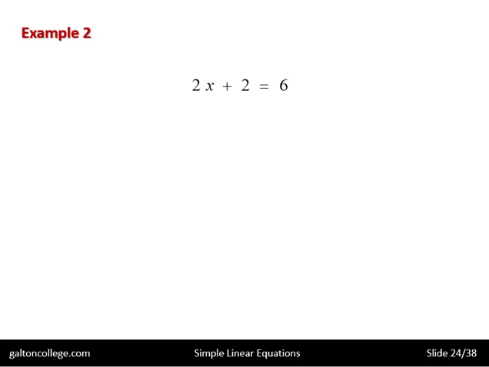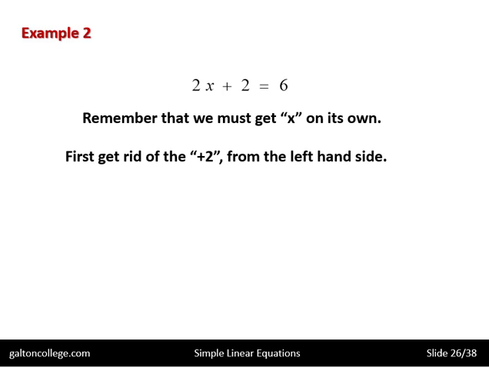Here we have 2x plus 2 equals 6. We need to get x on its own. So first of all, we get rid of this 2 here. So we subtract it, and it's gone, because plus 2 minus 2 cancel out. It's equal to 0. So add in minus 2.